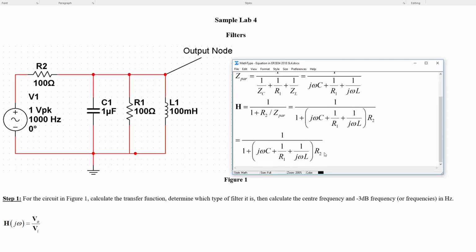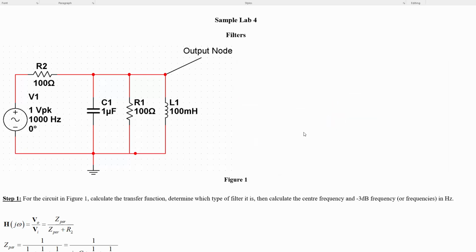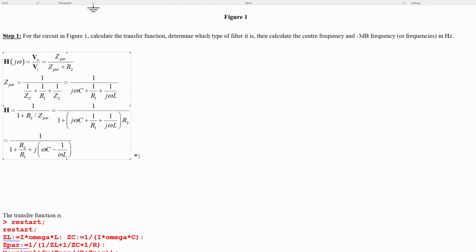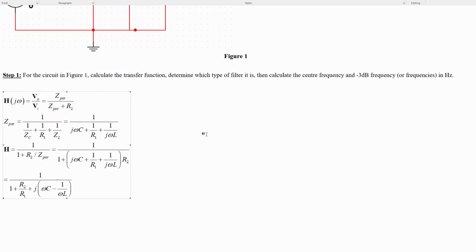So we'll get an R2 over R1 for the real part, and for the imaginary part, let's factor out a j, and then we'll get negative 1 over omega L for that. Okay, now this is the transfer function. We're done. We've got it. We just need to substitute in, and then we've got our information there.